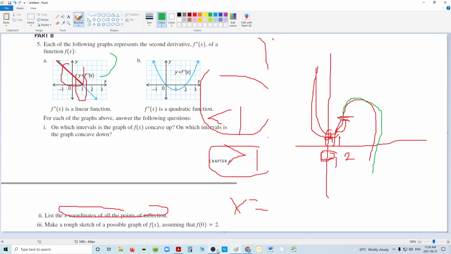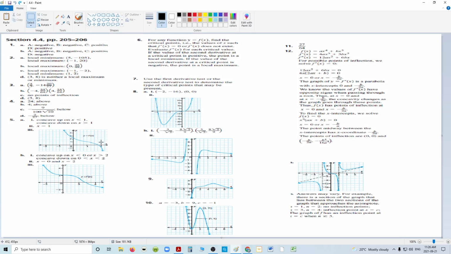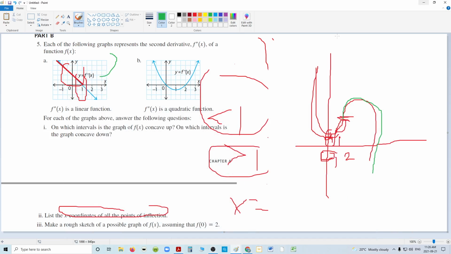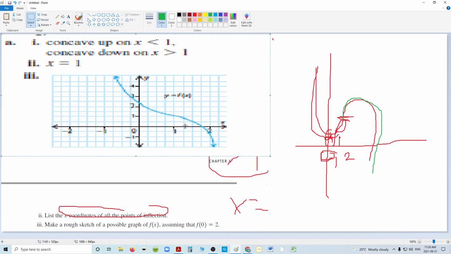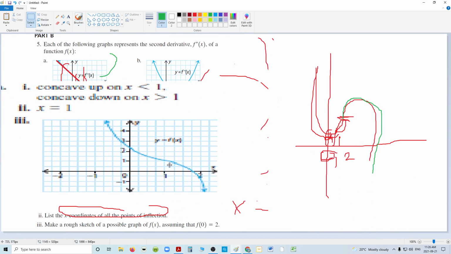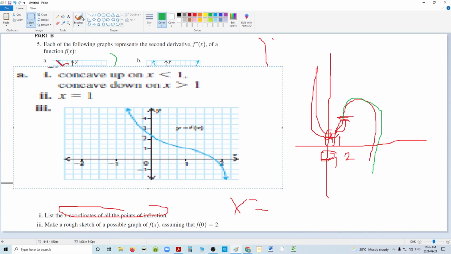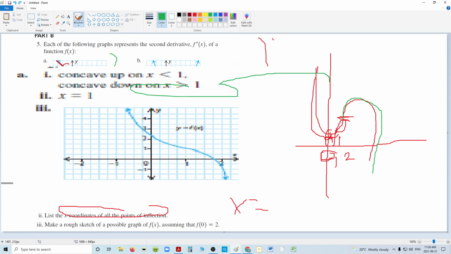So that's roughly it. Let's see how we did. So it's saying it's concave up when x is less than 1, which is what we've said here. And it's concave down when x is bigger than 1, which is what we said here.